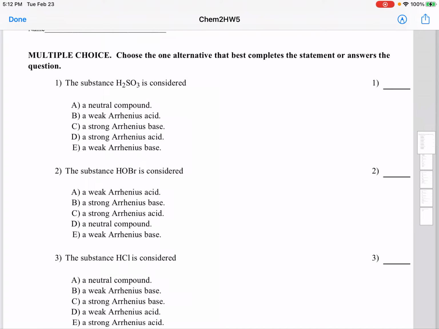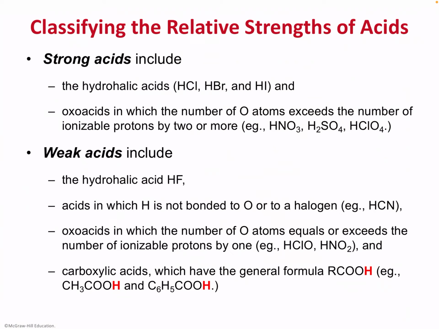So H2SO3. Let's look at our slides for chapter 18. Here we can see strong acids. What are the strong acids? There are 6 strong acids, right here in this slide.